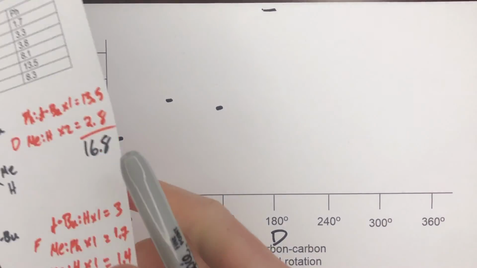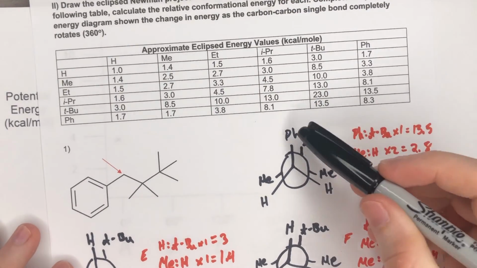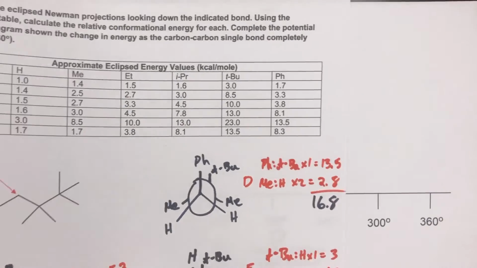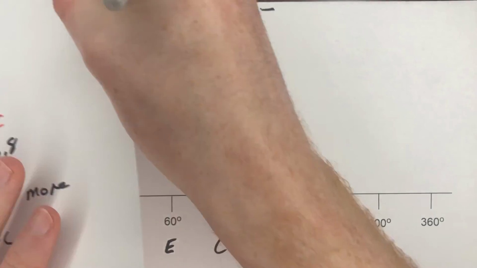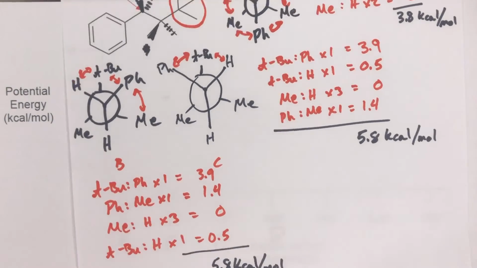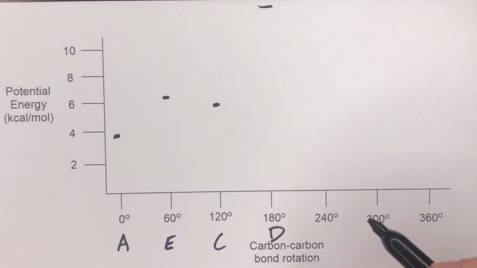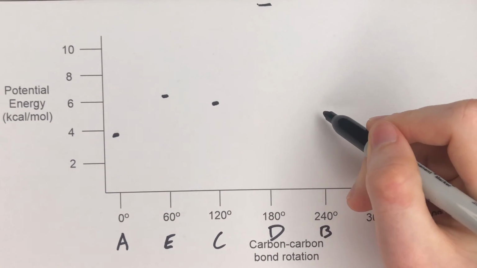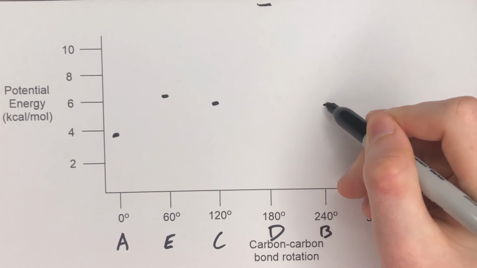Then we rotate 60 degrees again, such that we get staggered here, where the phenyl is now gauche to the T-butyl. So that's this position, that's B, and B is 5.8. So we're all the way back down to 5.8, which is like here.